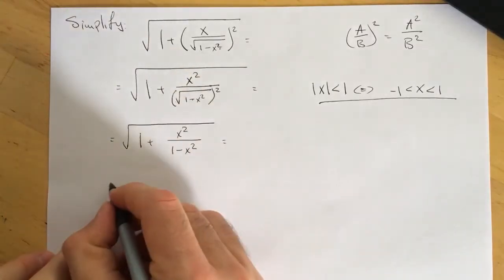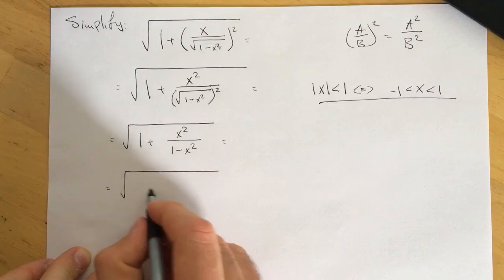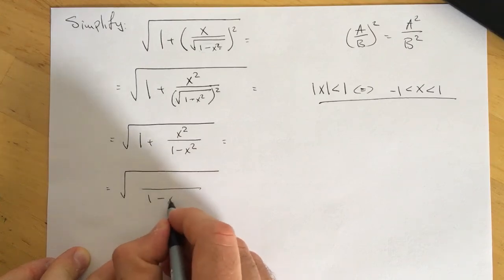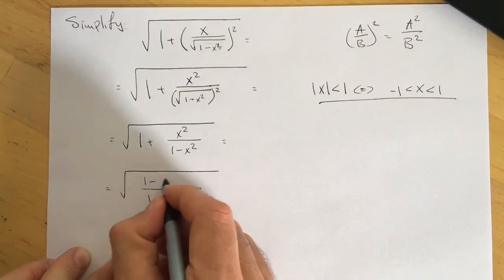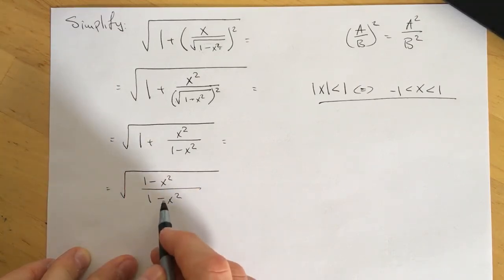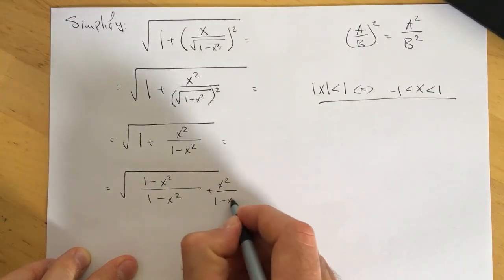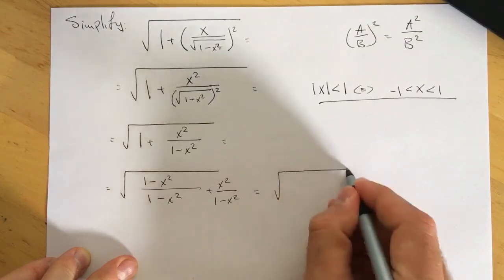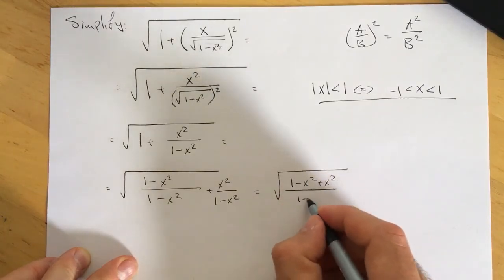Okay, now what do we have to do? We have to bring the expression under the square root to a common denominator. That's 1 minus x squared, which means that 1 is going to be expressed as 1 minus x squared over 1 minus x squared. This is our 1. And now you can either write plus x squared over 1 minus x squared, or you can skip this step by just writing 1 minus x squared plus x squared over 1 minus x squared.